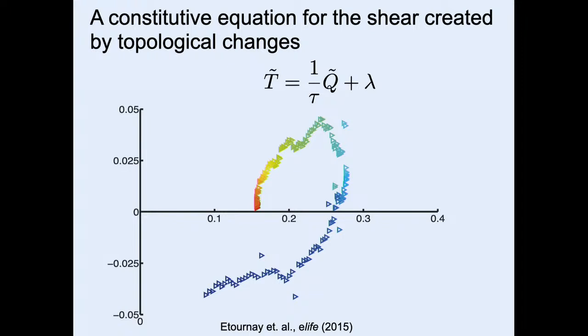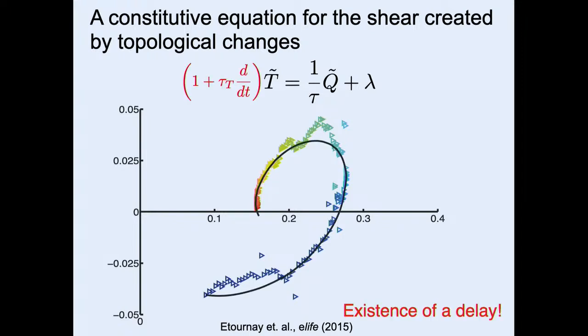However, if I now put some additional terms on the left-hand side, I see that I am able to match the profile very well. What I have done, we have introduced an additional time scale here, and this is a delay between T1 and Q. What it means, basically, I will explain in the next slide, is that the moment you start changing the cell elongation, the T1 does not happen instantaneously.